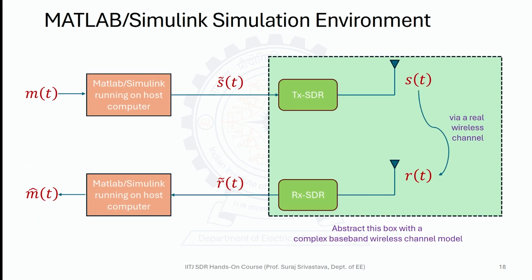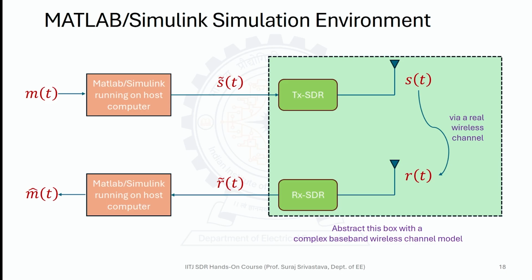Now there is an important question: do we need an SDR in the initial phase of the design? Do we always need SDRs if we want to prototype a wireless communication system? Do we always need a TX SDR and RX SDR? Can we work without the TX SDR and RX SDR at the initial level? And the answer is yes. How do we realize this?